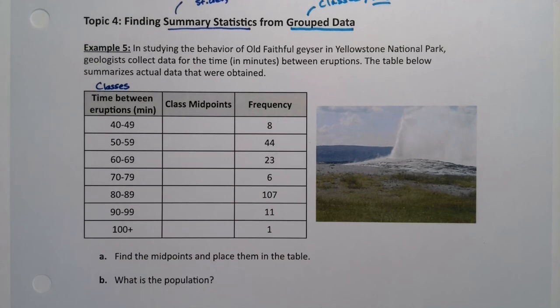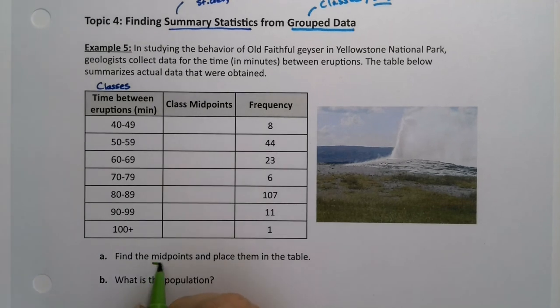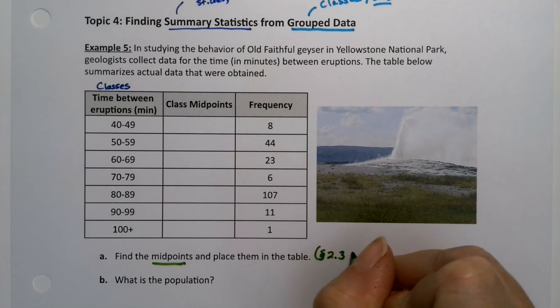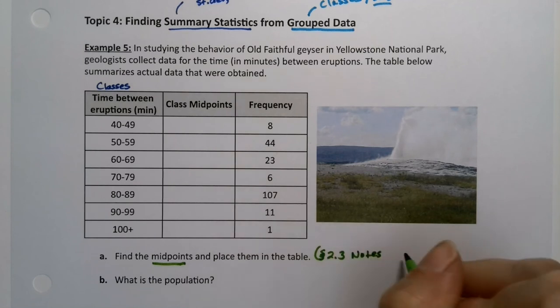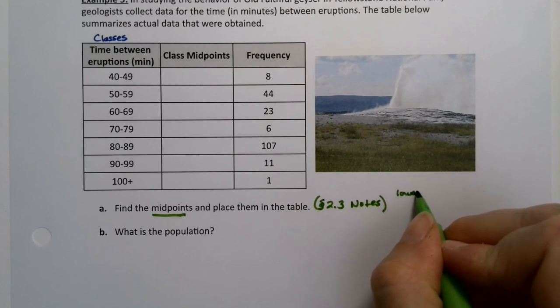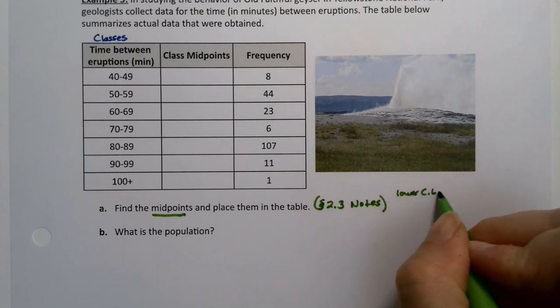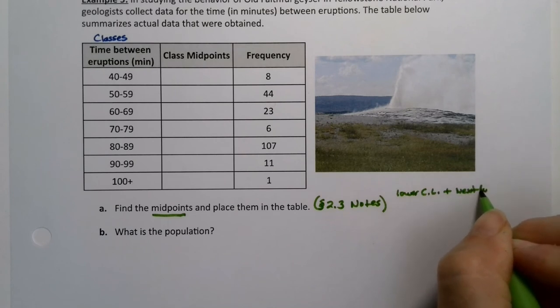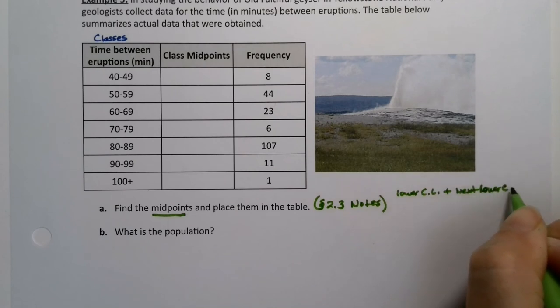Now remember, we've actually learned how to find the midpoints. We learned how to find midpoints in section 2.3, so you can go to those notes. It's the lower class limit, I'm just writing CL, plus the next lower class limit, divided by 2.